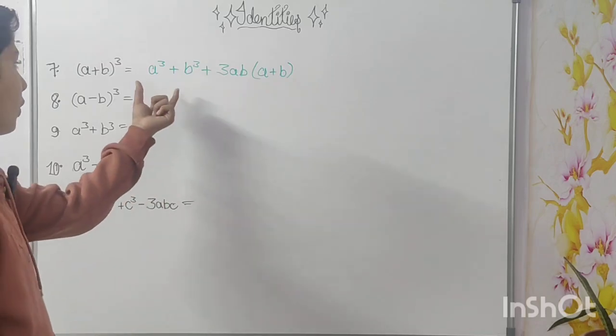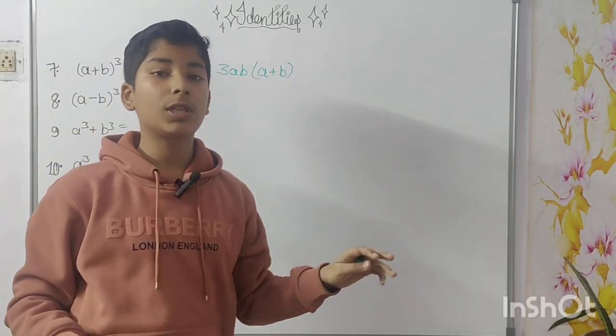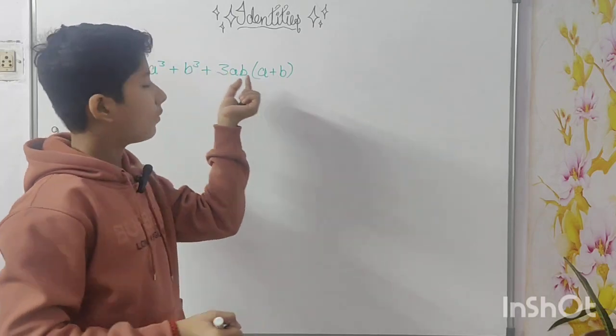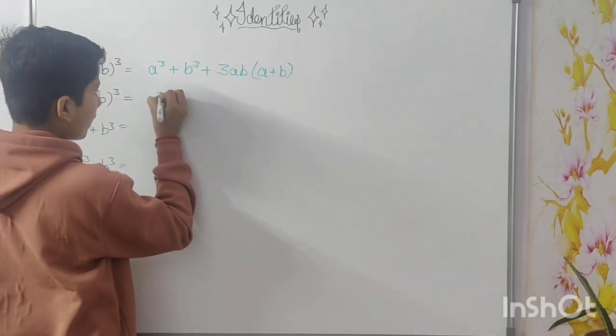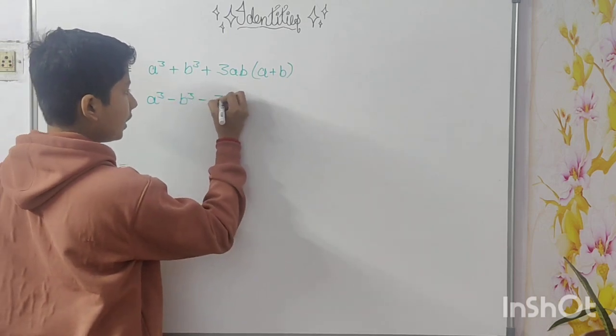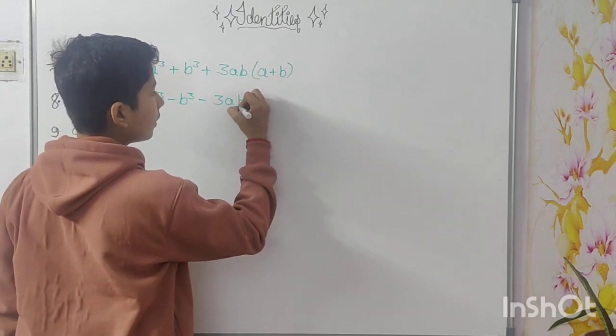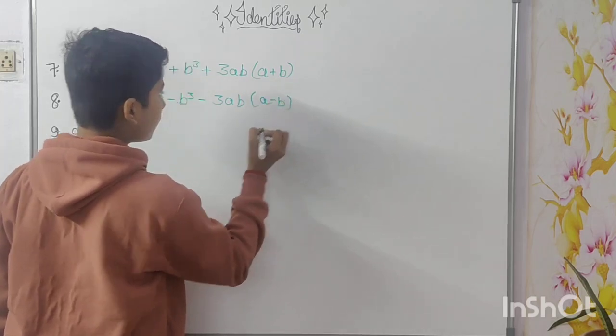Now same with this, but the symbols will get totally changed. All of these will be minus: a cube minus b cube minus 3ab multiplied by a minus b.